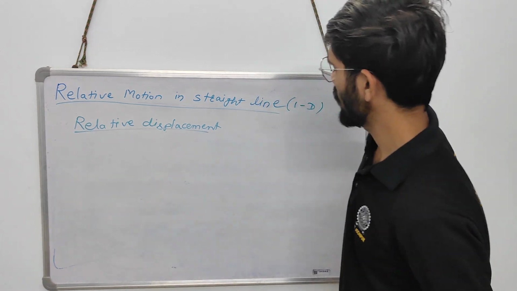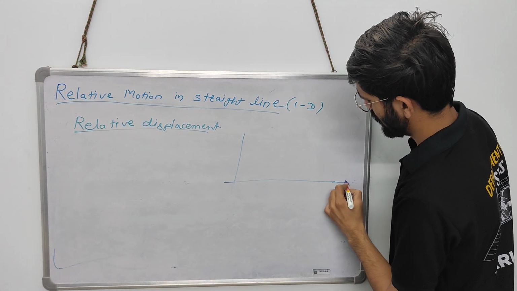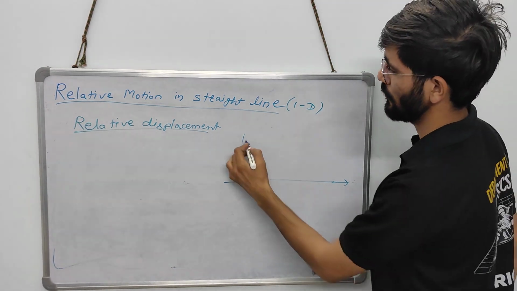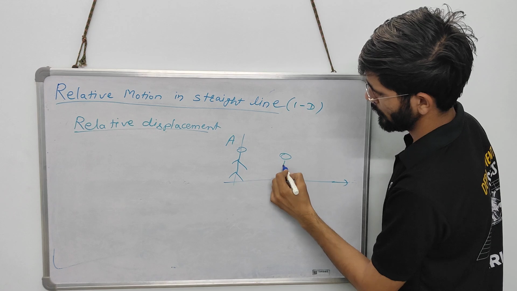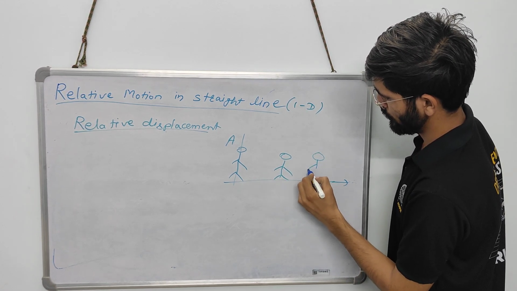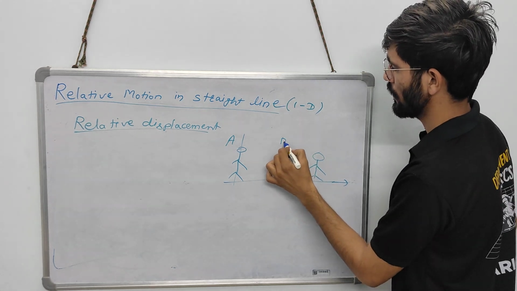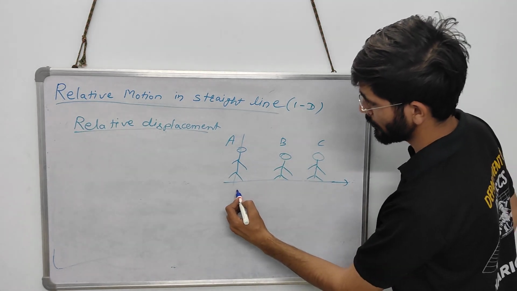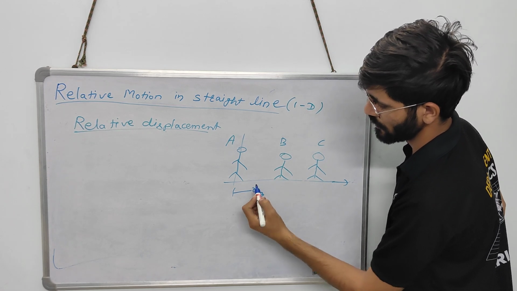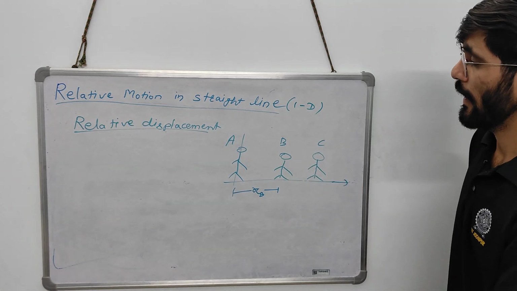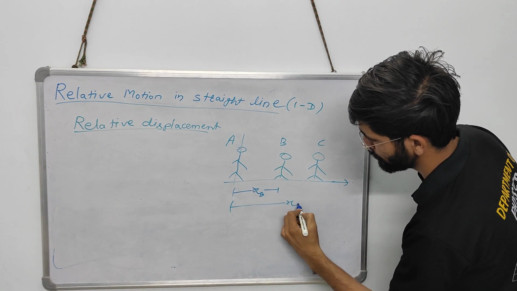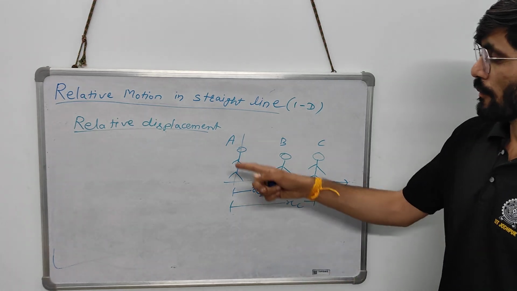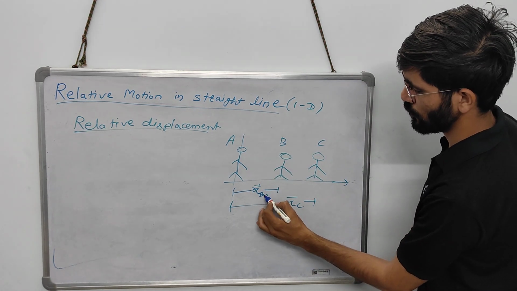Let's say we take three people. One is the reference person, meaning the observer, named A, and there are two more persons at some distance, B and C. According to A, B is at XB position or XB displacement from A, and according to A, C is at XC position or XC displacement from A. Because A is our origin point, we need not say this.